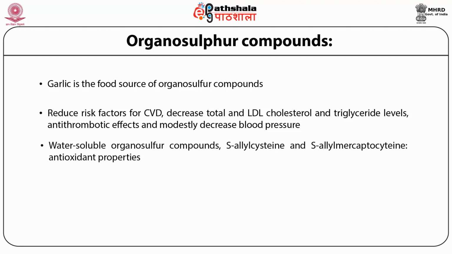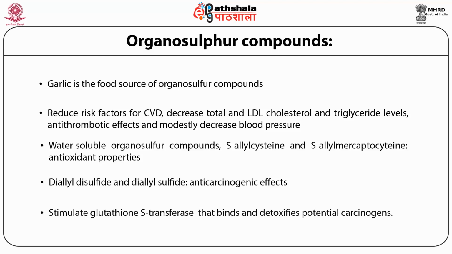The water-soluble organosulfur compounds allyl cysteine and allyl mercaptocysteine have potent antioxidant properties. Diallyl sulfide appears to be the bioactive component of garlic that exerts the anti-carcinogenic effects. They stimulate glutathione S-transferase activity in the liver that binds to and detoxifies potential carcinogens.